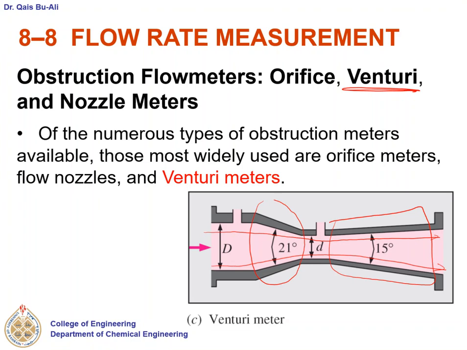So I'm letting the fluid contract through the hole easily, and then go out in an even easier way. This is called a Venturi meter. And again, I am measuring the pressure before and at the constriction.